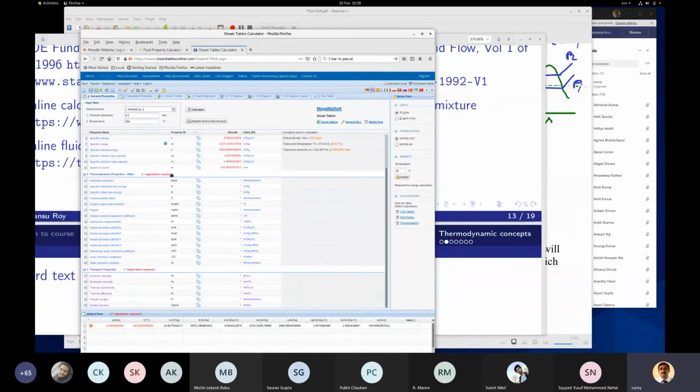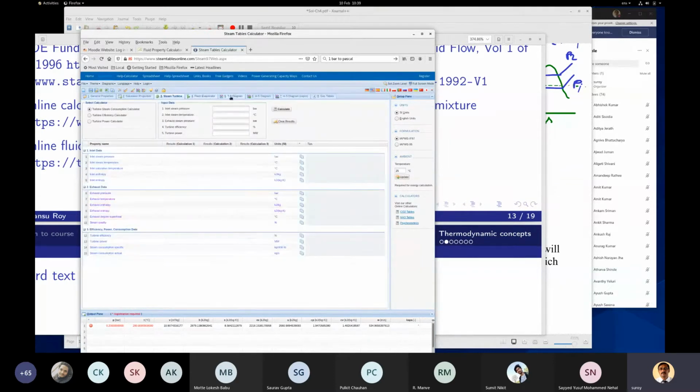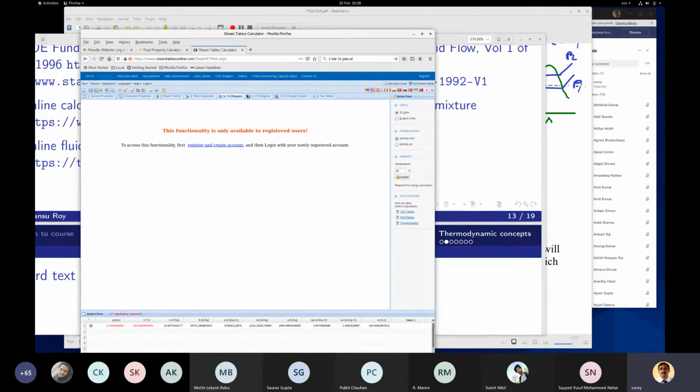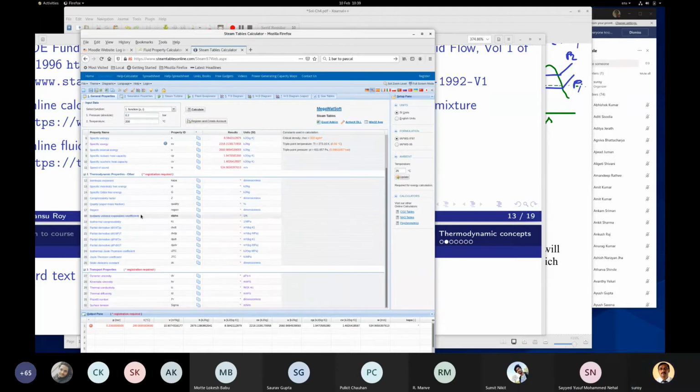You cannot get everything. But in the book, saturation properties, steam turbine, flashover, TS diagram, registered. I see. Properties. Maybe if you do registration, you can get all the other ones also very easily.